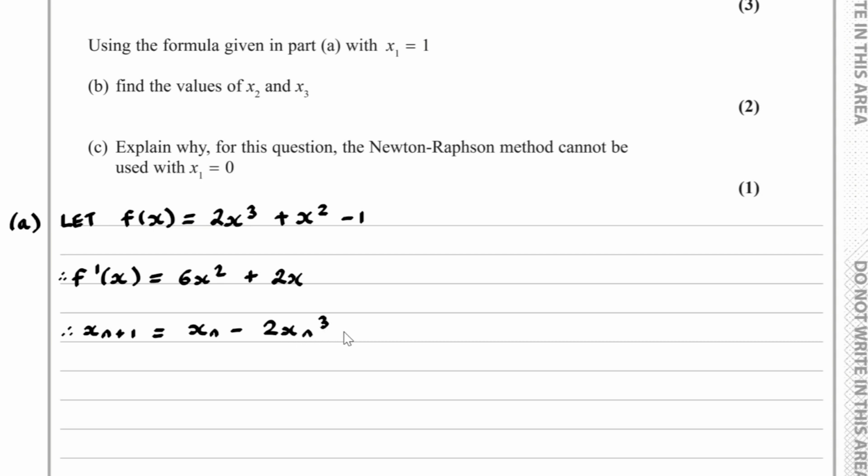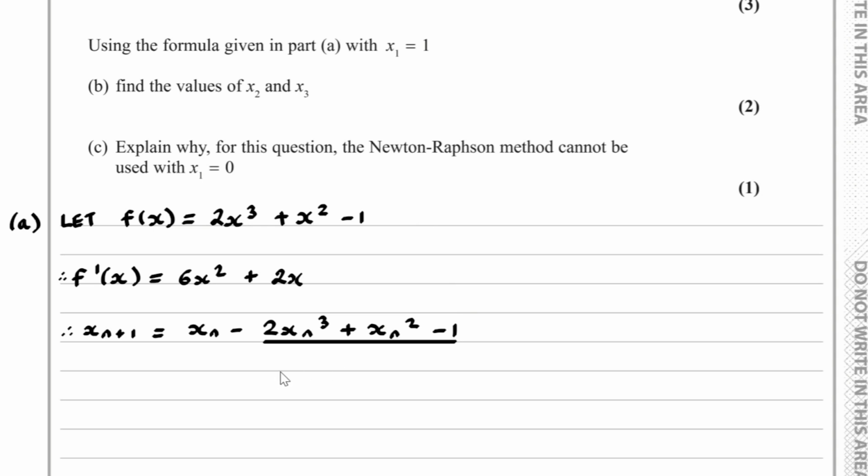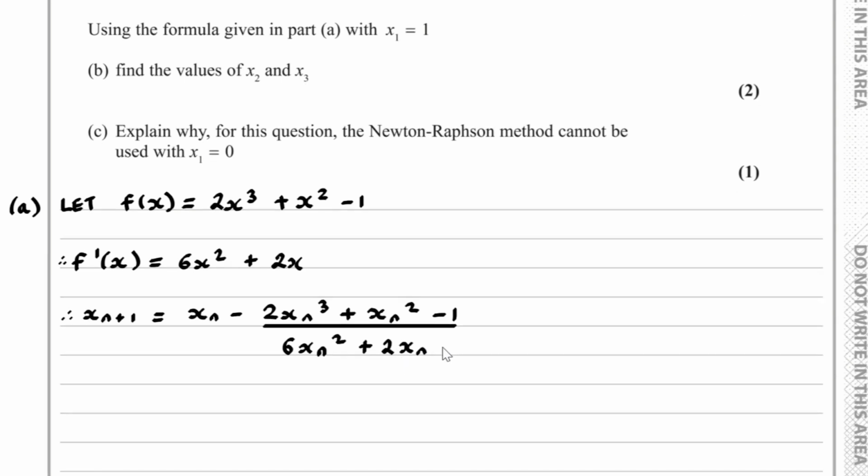2xn cubed plus xn squared minus 1 over 6xn squared plus 2xn.